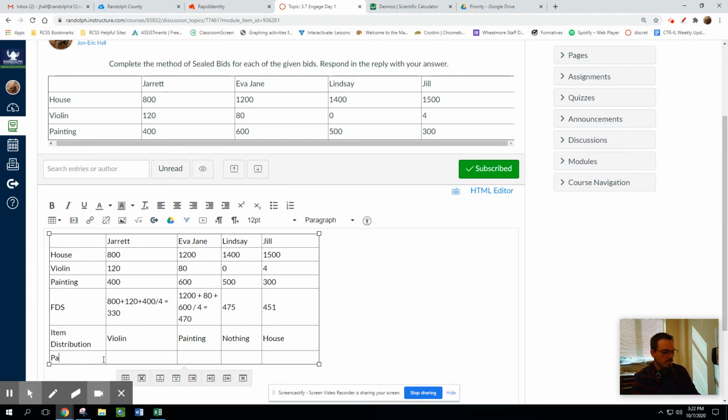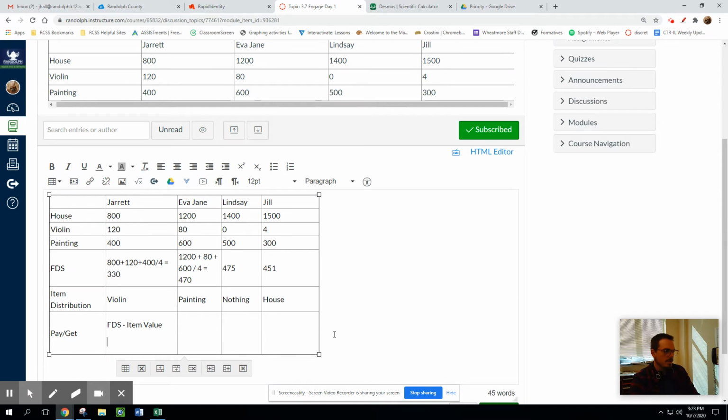So after we do that, we do the pay and the get. And remember, pay versus get is the fair dollar share minus the item value that they get. So for Jarrett, it would be 330 minus the 120, which to him is 110. That's a positive number, so that's a get.